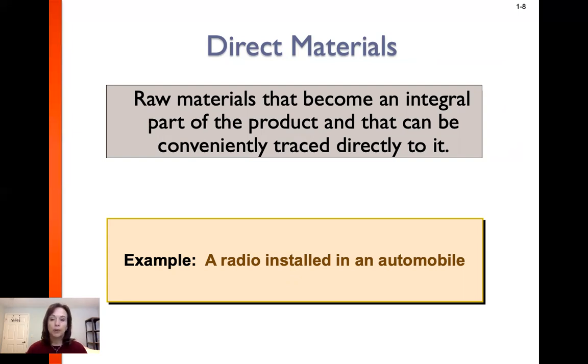It could be whole components, like maybe we're buying the steering wheel from a supplier, or the turn signal switch from another supplier. So it could be things that we get from suppliers to put into our end product, not just a raw material like steel. It's any of those materials that go into making the product.